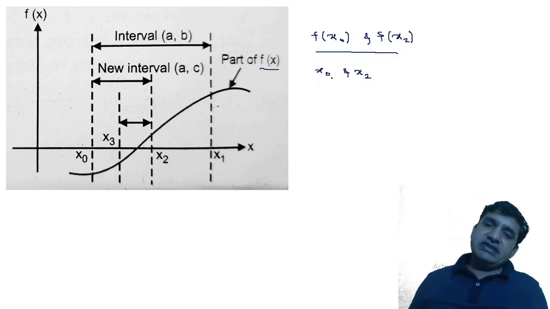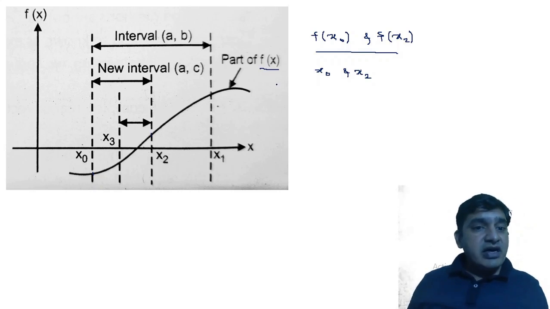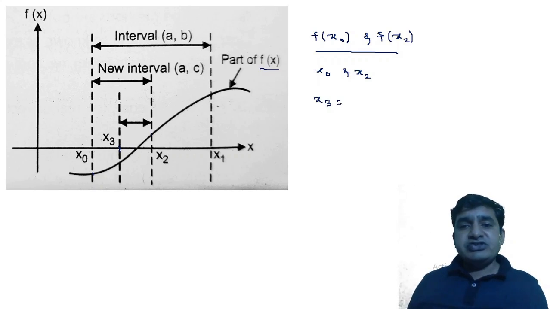The root lies in between x0 and x2. Then we can find x3, and this x3 is equal to x0 plus x2 divided by 2.